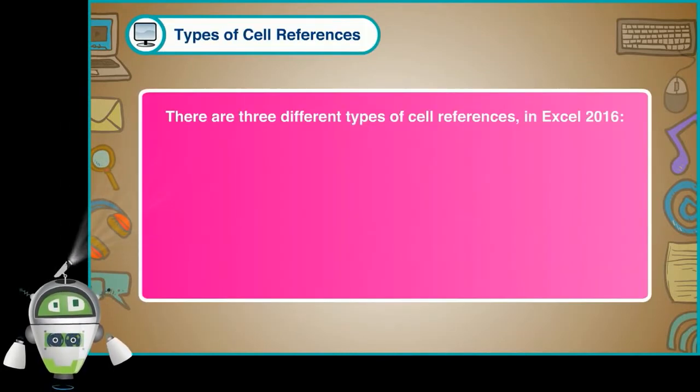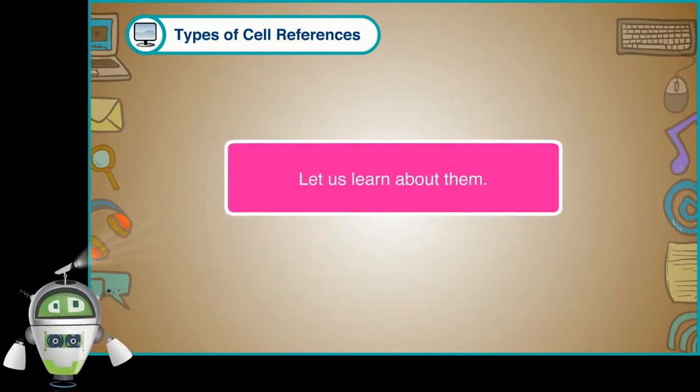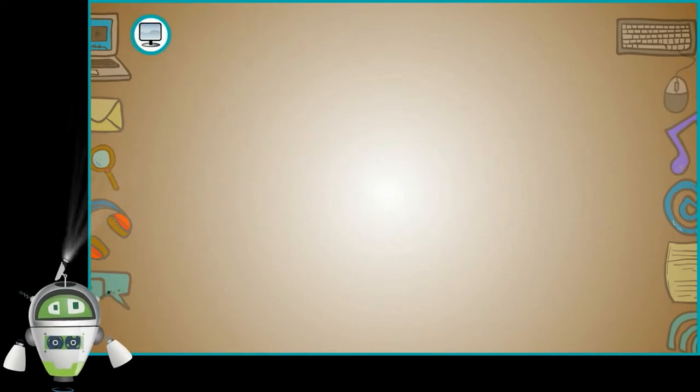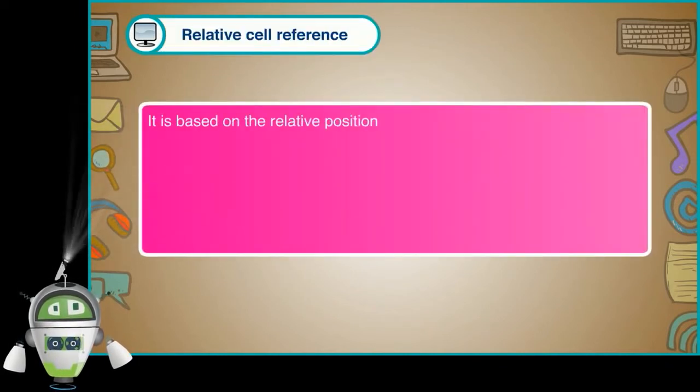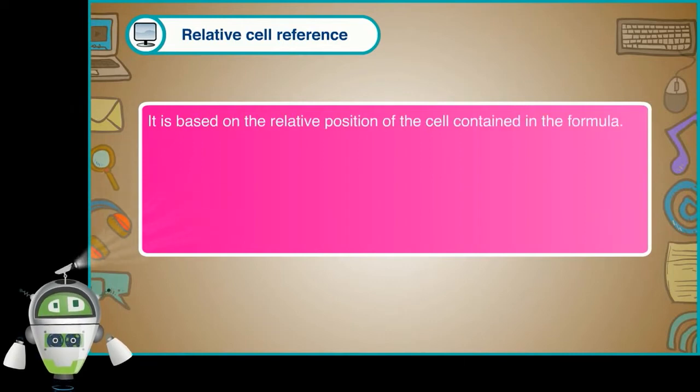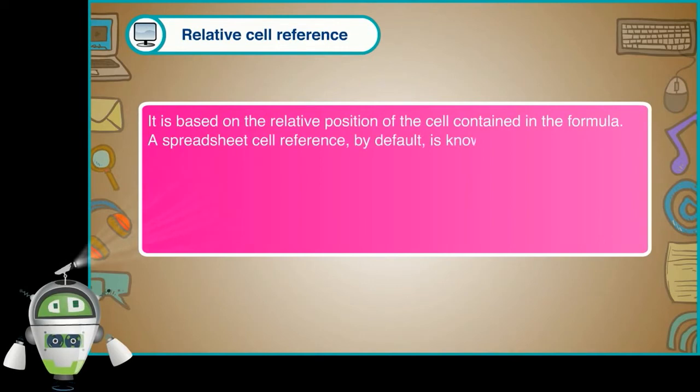There are three different types of cell references in Excel 2016: relative cell reference, absolute cell reference, and mixed cell reference. Let us learn about them. Relative cell reference. It is based on the relative position of the cell contained in the formula. A spreadsheet cell reference by default is known as relative.